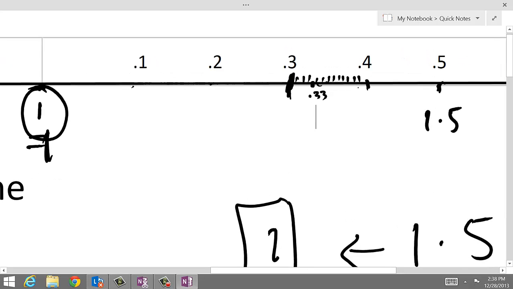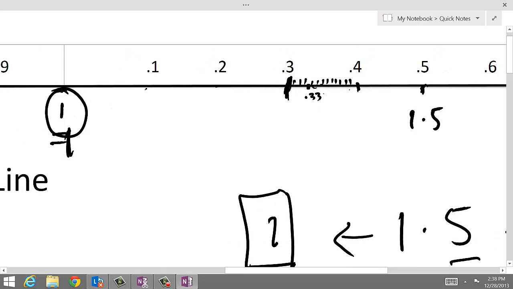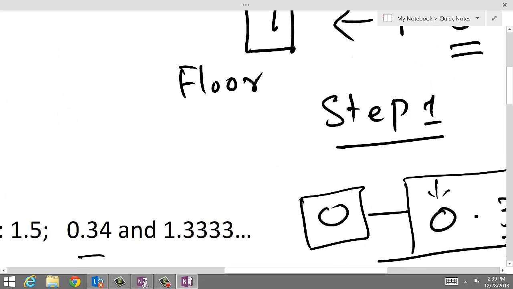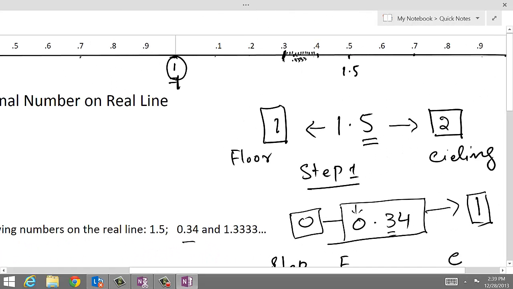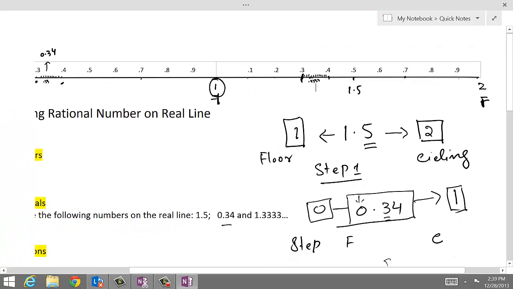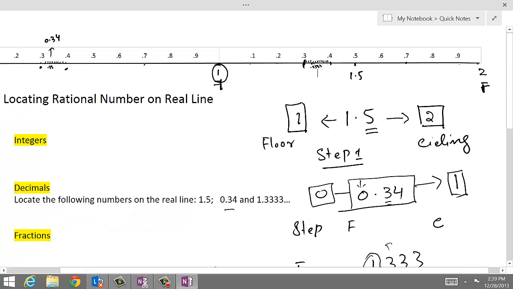Similarly, if we further divide the space between these two into 10 equal parts, we can get another 1.333, and this process continues on. There is another way: you can convert this decimal into a fraction, and then plot that fraction.